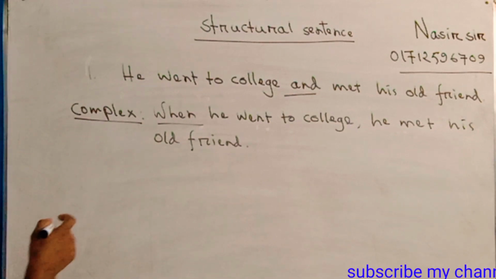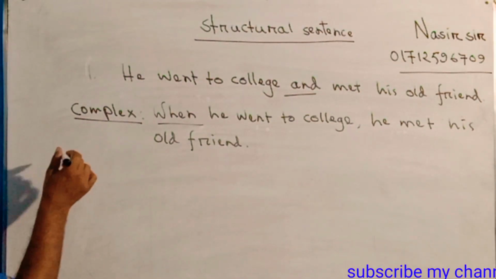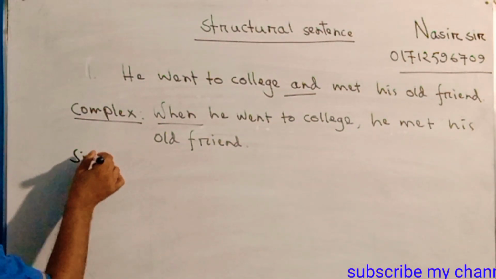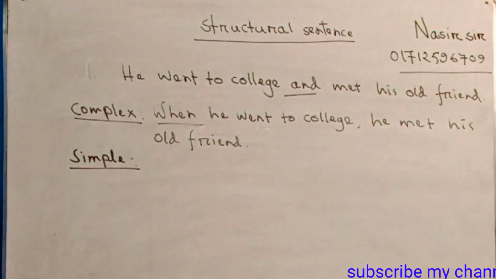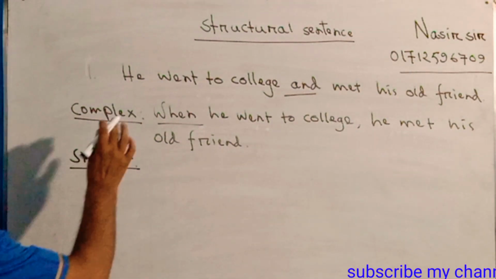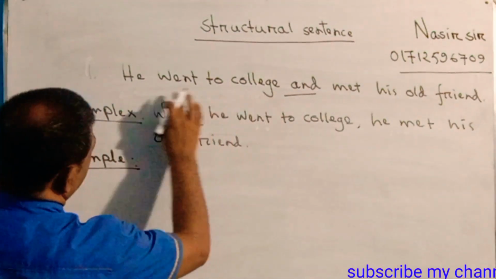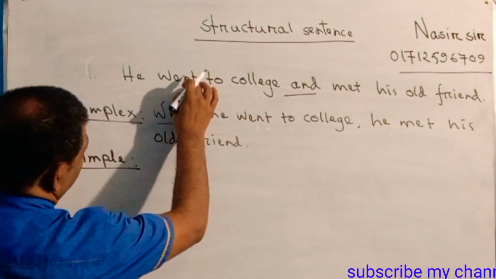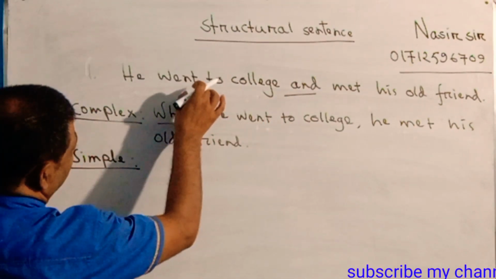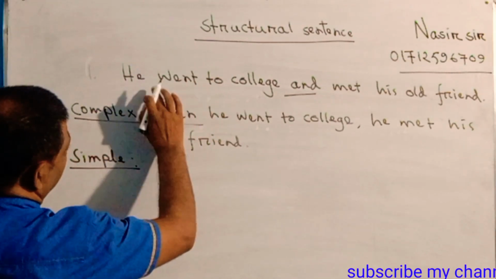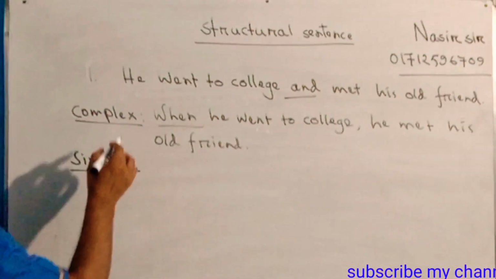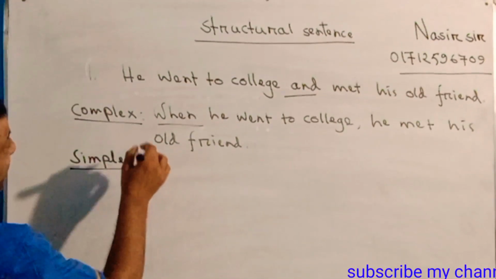Now come to how we can make it simple. A simple sentence has only one finite verb and one main subject. Here the first option: he went to college. The function of went comes first. Here the subject has been omitted.